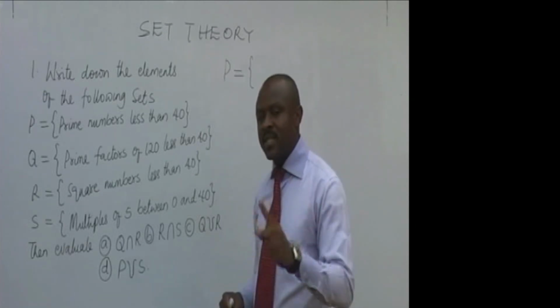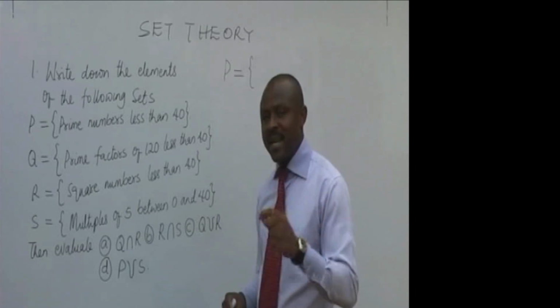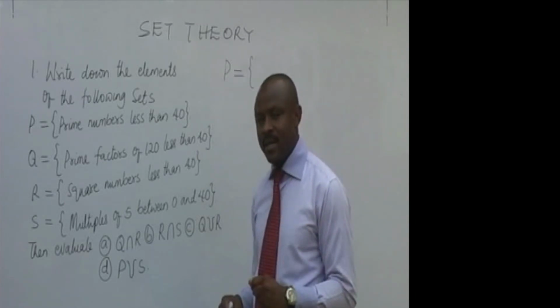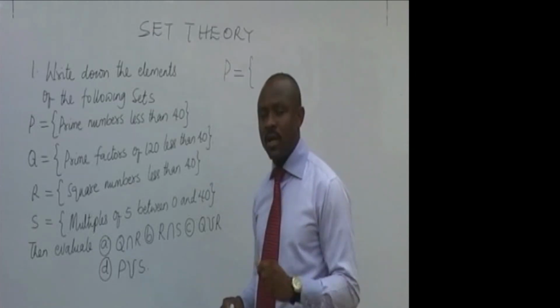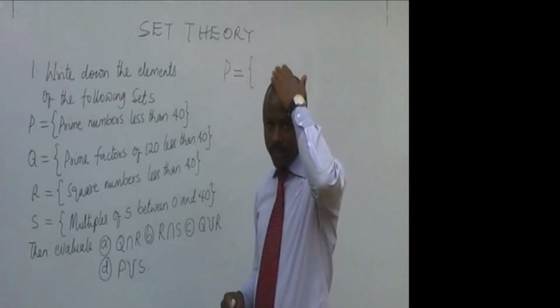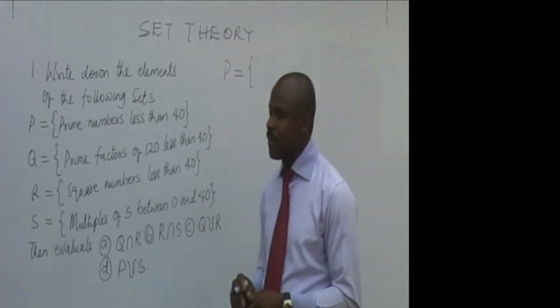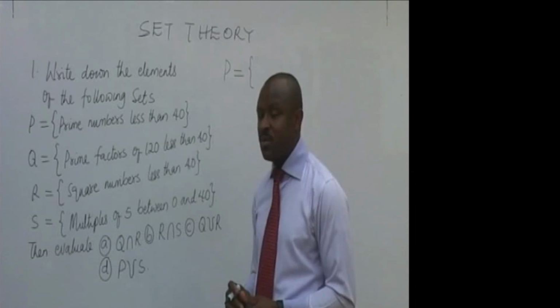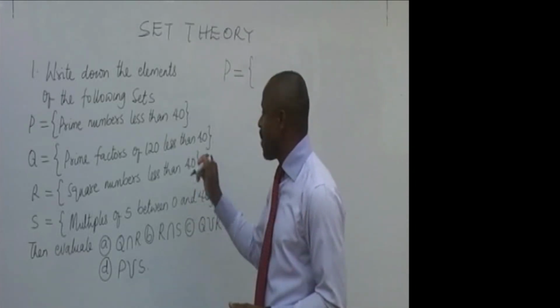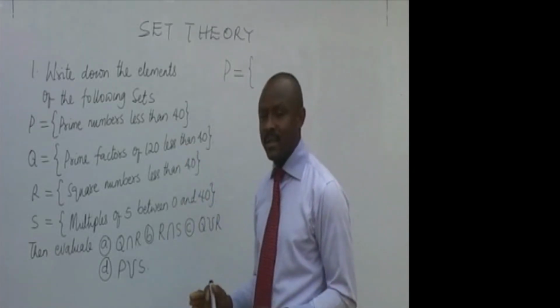That number that it is only 1 and itself that can divide it without leaving a remainder. That is what we call a prime number. So bearing that in mind, you will be able to list the prime numbers that are less than 40.